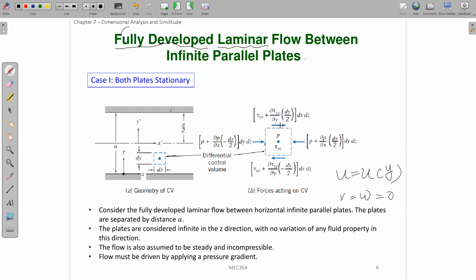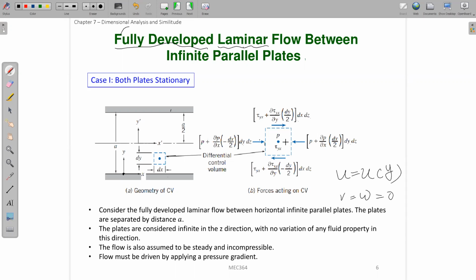And remember that these two forces are not in the same direction. They try to deform this control volume, this fluid particle, clockwise. I made a mistake here. Yeah.